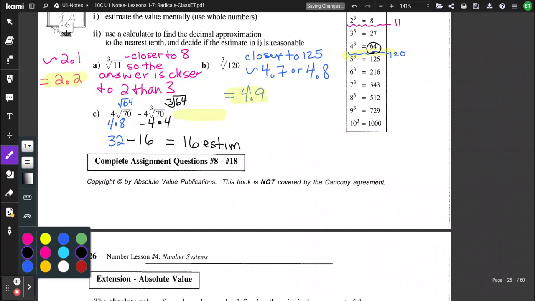And now we're going to type it in. Type it in exactly as you see it and see what you get for an answer.